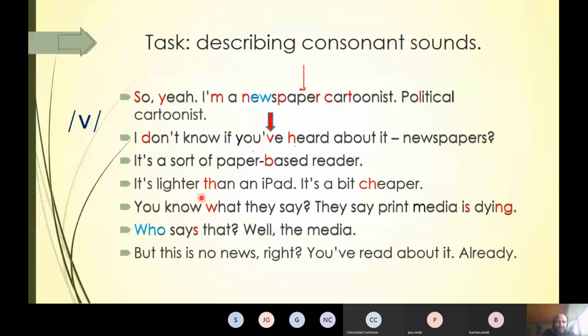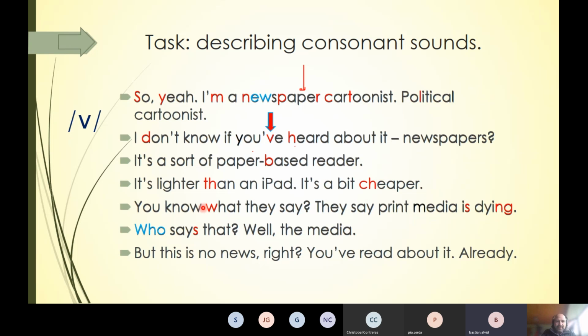Is this voiced? Yes, it is, right? So we have another voiced sound. Is this voiced? That is voiceless for me. Yes, exactly, it's voiceless.